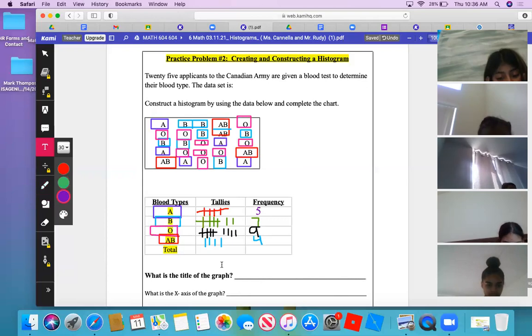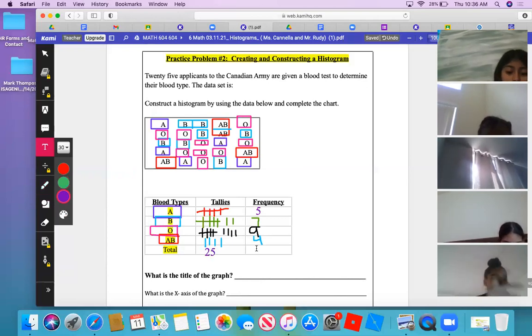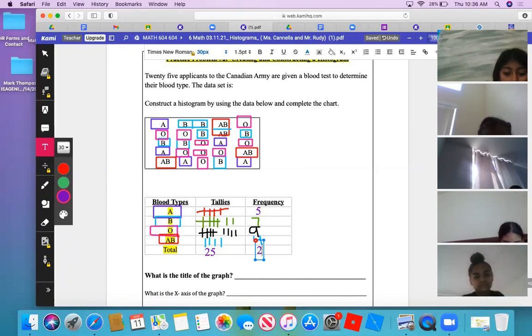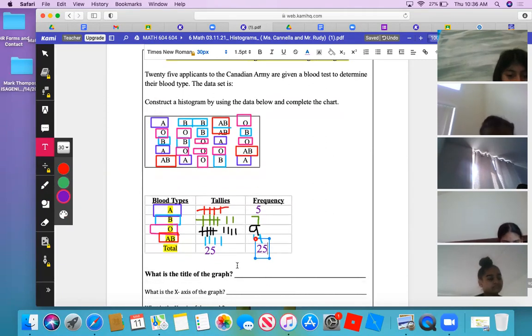Now, how much do we have in total? Maria, how many do we have in total? 9, 5, 7, and 4. How much does that give you? Ms. Canela wrote it, 25. 25 is there. What is the title of this graph? I'm going to call it the blood test for Canadian Army.